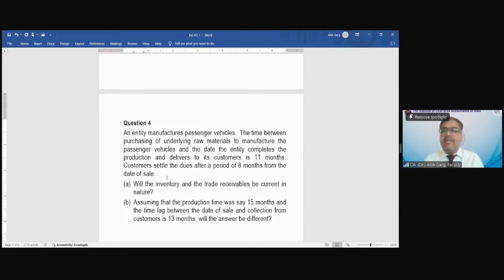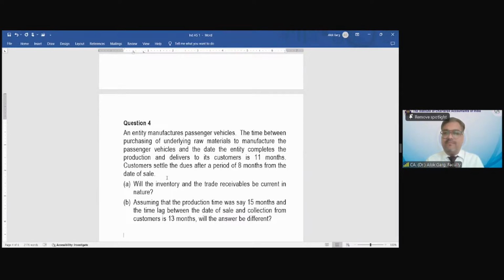Now the second question is saying that assuming the production time was say 15 months and the time lag between the date of sale and collection from customer is 13 months, will your answer be different? Assuming the production time was 15 months instead of 11 months, and the time lag between sale and collection is 13 months, will the answer be different?